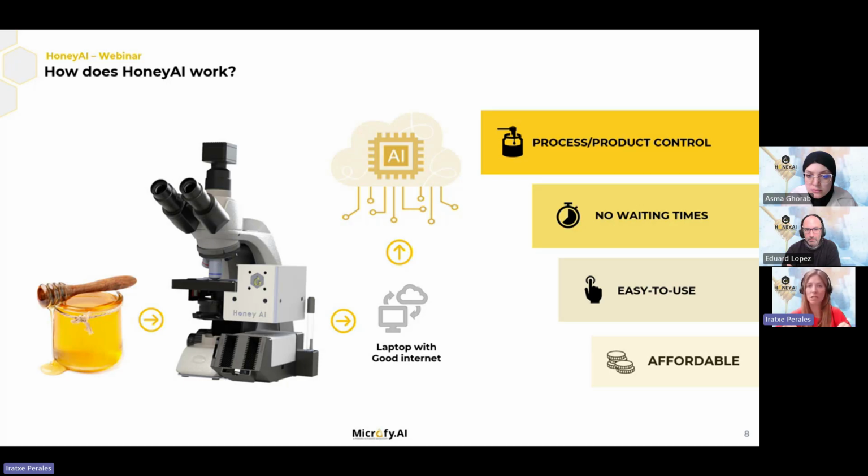Everything is done on premises and is very easy to use. Non-expert users can use the device, so everybody can use the system, and it is affordable. This is our first objective, that the system is affordable for everybody, and that everybody in the honey industry, in the apiculture sector, can afford one of our systems. We want to democratize this science for the honey sector.